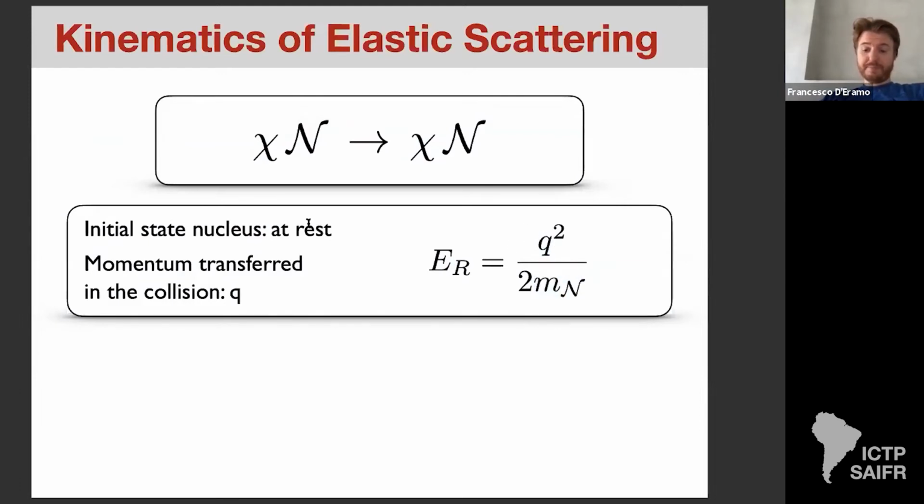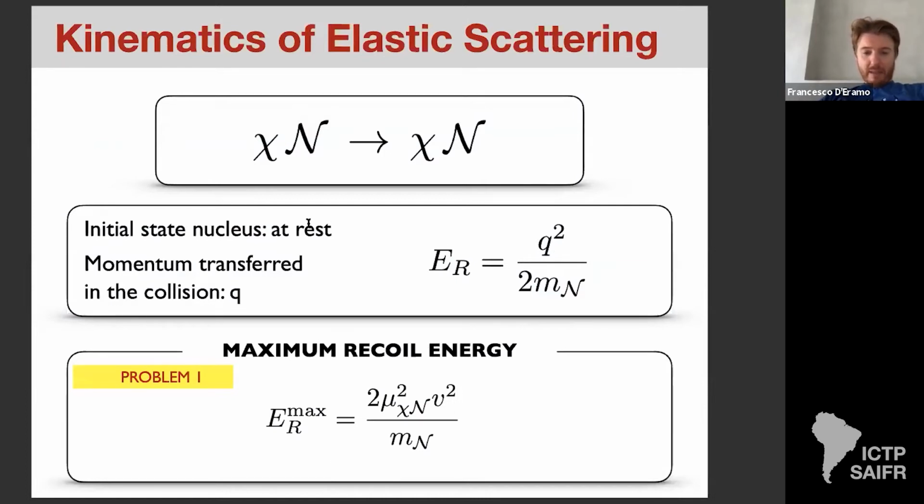So the maximum recoil energy, this is the kinematical bound that you will derive if you do problem 1. You see that the maximum recoil energy is given by this expression, where mu_chiN is the reduced mass of the system dark matter nucleus, okay, defined in the usual way. So this is something that you will derive in problem 1. But this is very interesting and very relevant phenomenologically, because it tells you that if you go too slow, and this is relevant because this collision is not relativistic, if you move too slow, then you cannot get recoil energy as high as you want.